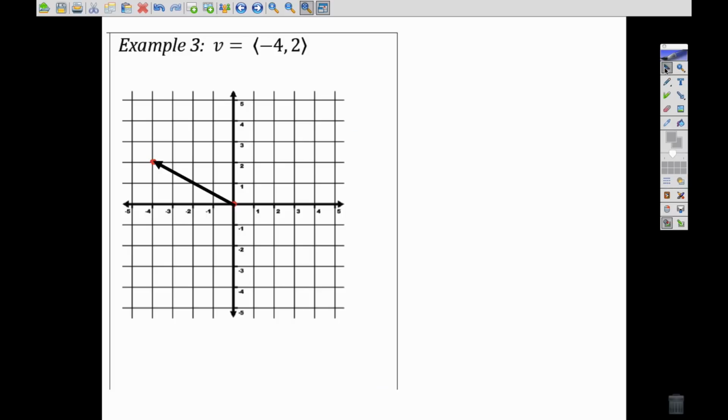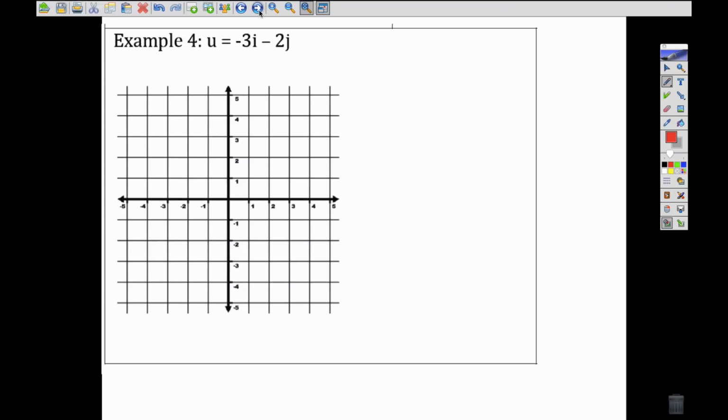And again, if I wanted to, I could have started here, for instance, and gone -4, 2, 3, 4 in the horizontal direction and 2 in the vertical, and this vector would be exactly the same. And then I can label those as V. You only need to graph one of them. But again, I'm just trying to emphasize that point that these vectors are the same. It doesn't matter where they are in the coordinate grid.